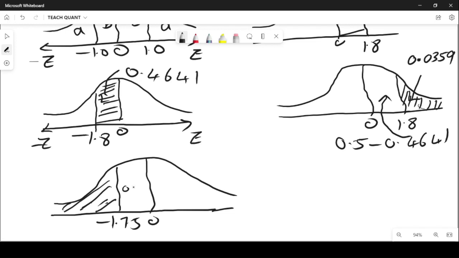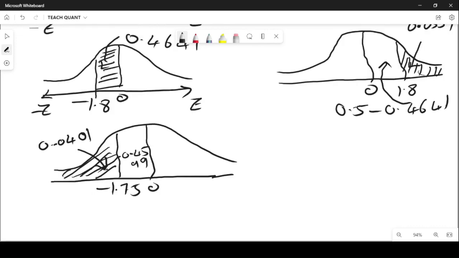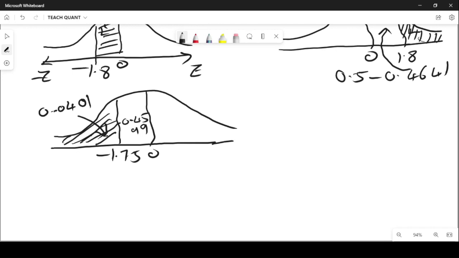This is 0.4599, and so once I subtract from 0.5, I'll get the shaded part, and therefore that will give me 0.0401. So that is the procedure of getting the probabilities from the standard normal.